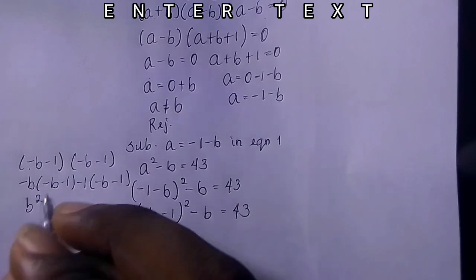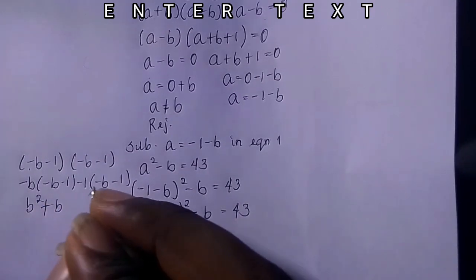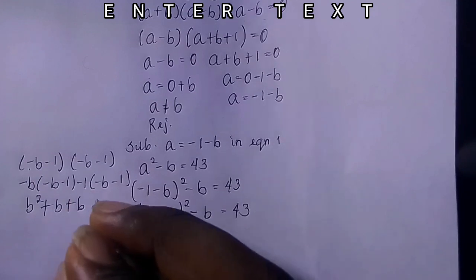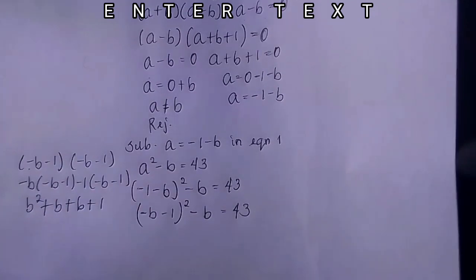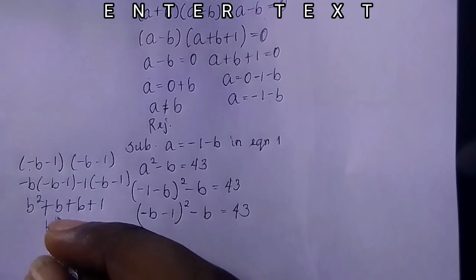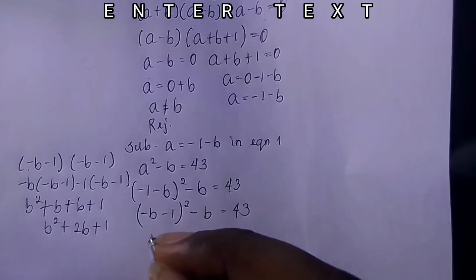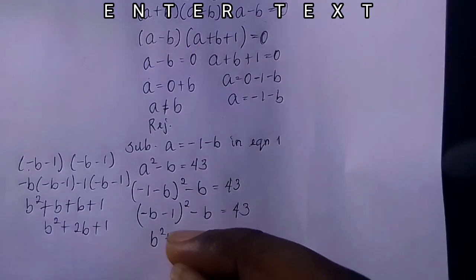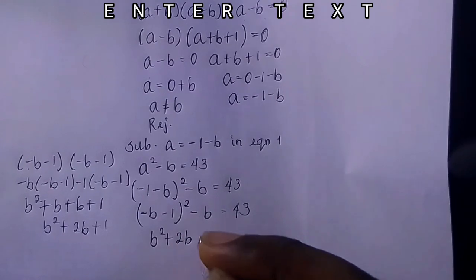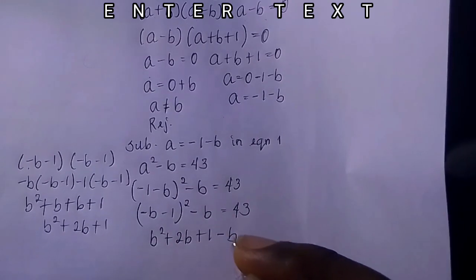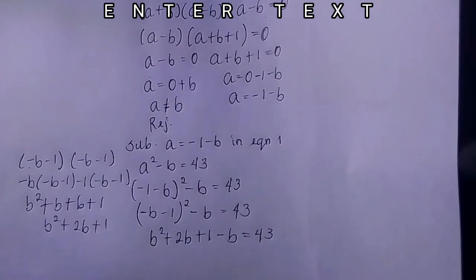Minus times minus is plus b. Minus times minus is plus b, and minus times minus is plus 1. So here we have b squared plus 2b plus 1, right? Which gives us b squared plus 2b plus 1, then minus b equals 43, right?